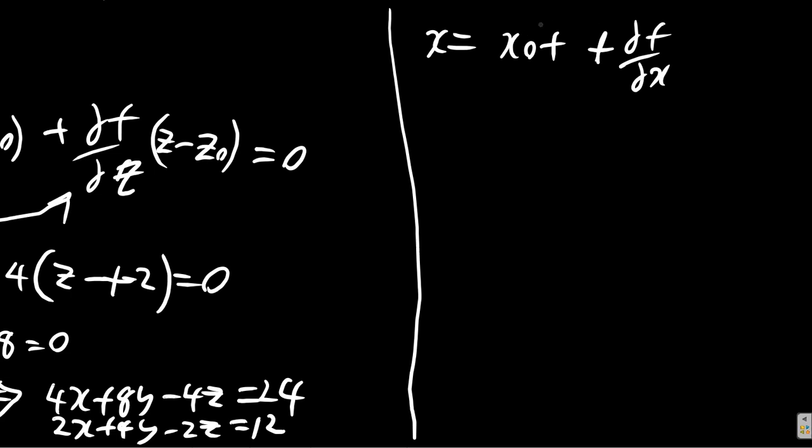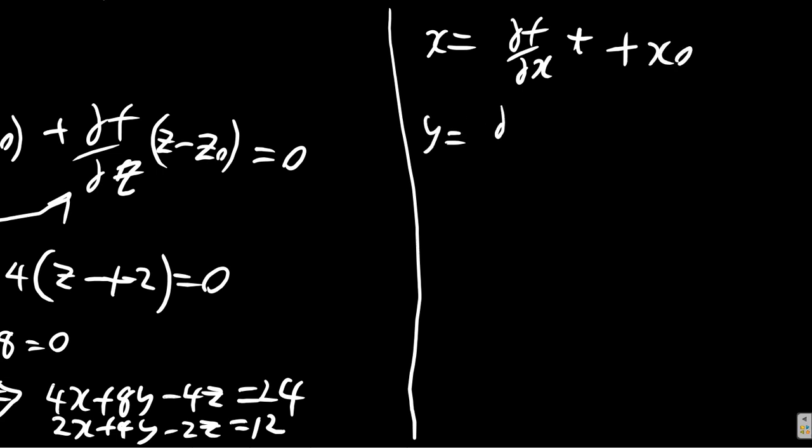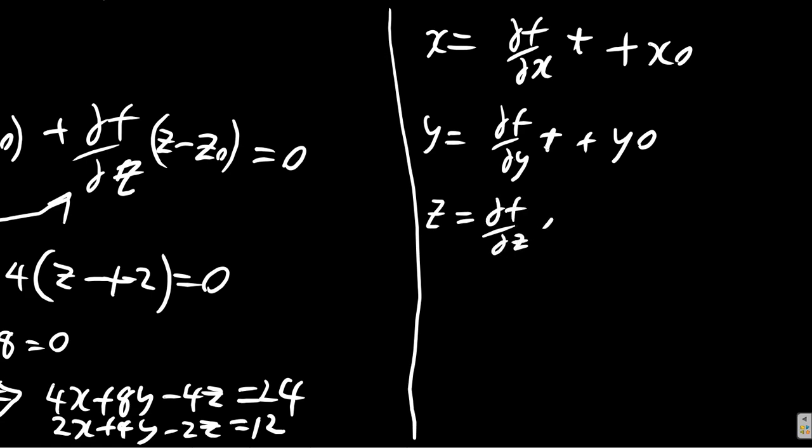But let's rewrite it this way and put the t part first. It's delta f by delta x times t plus x0. You have y is equal to delta f by delta y times t plus y0, and z is equal to delta f by delta z times t plus z0.